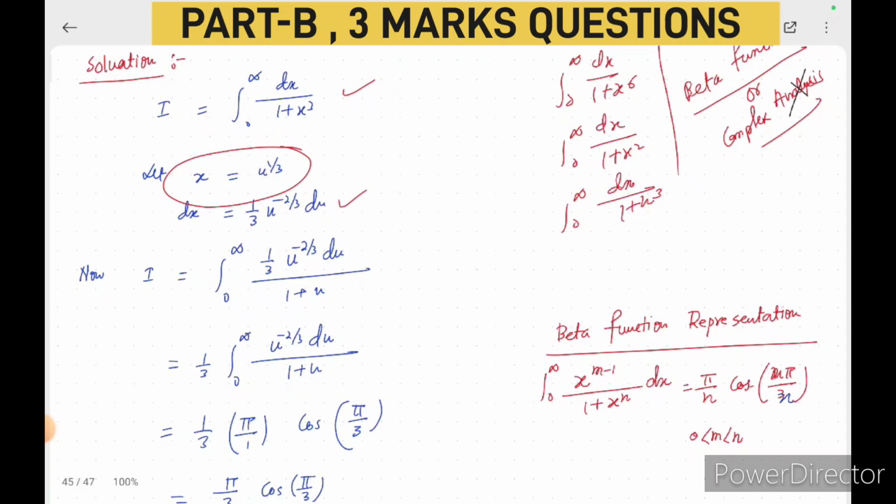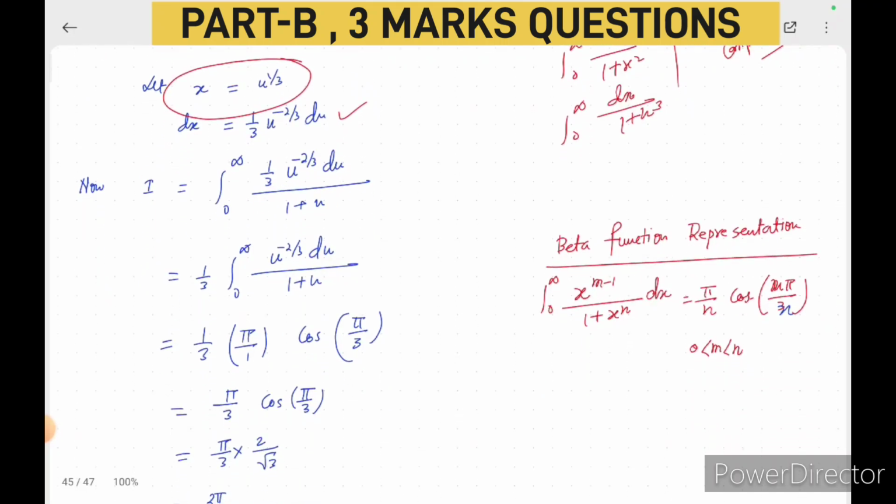We just substitute it, integration limit always 0 to infinity, so that is equal to 1 upon 3 times the integral from 0 to infinity of u to the power minus 2 by 3 du upon 1 plus u. So this is the actual mathematical expression of beta functions.